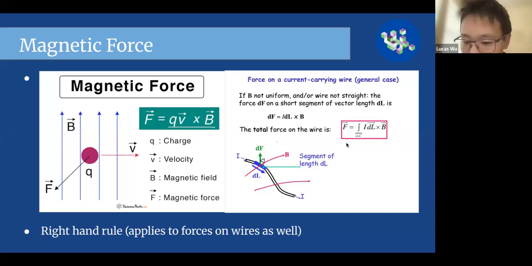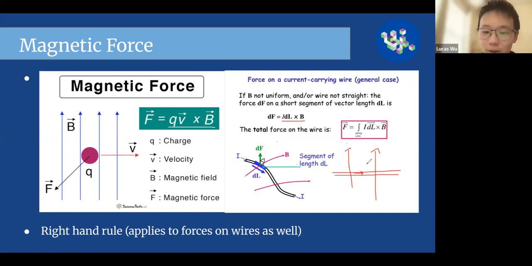So I have a wire over here containing charge, and let's say the magnetic field is pointing upwards. Then the current is pointing towards the right. So my dl would be pointing towards the right, and my magnetic field is pointing upwards. If I do the cross product, then the force will be pointing out of the page, so towards me.